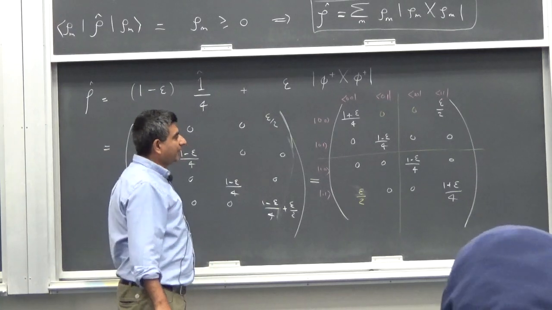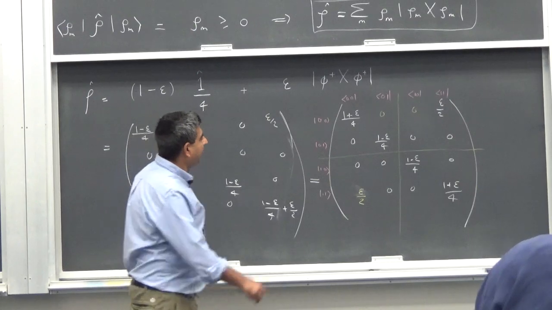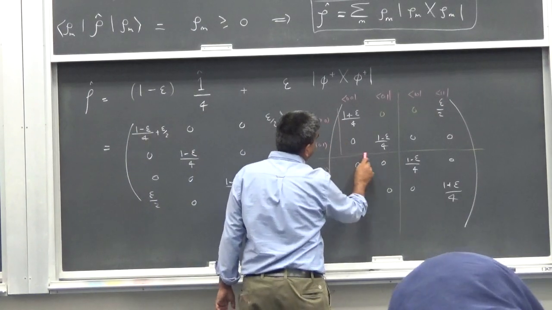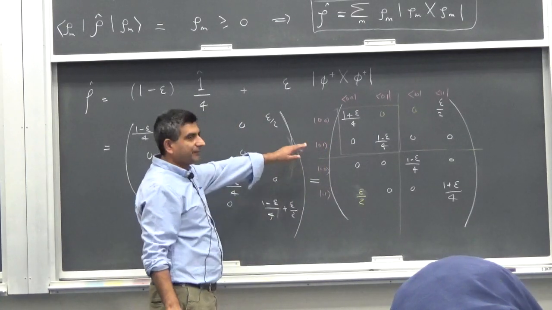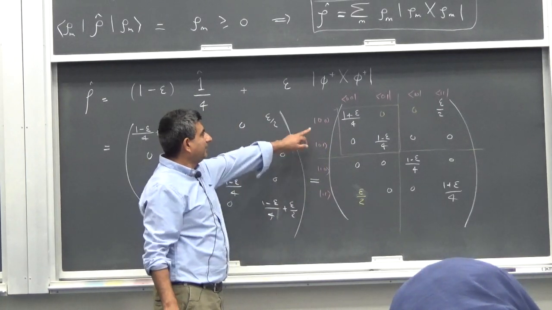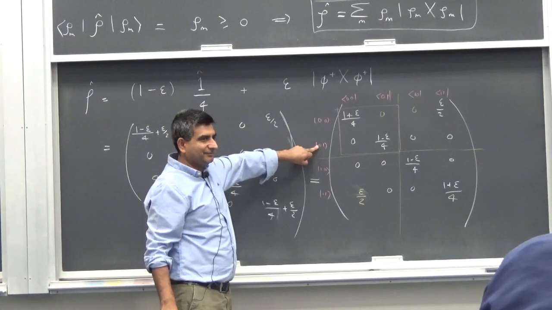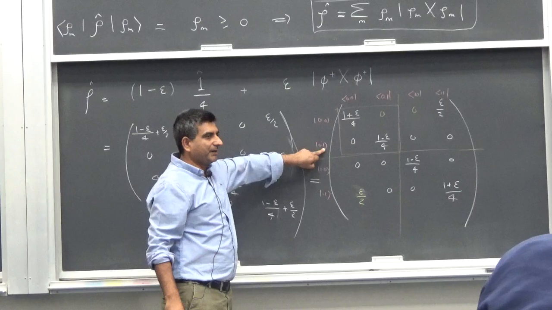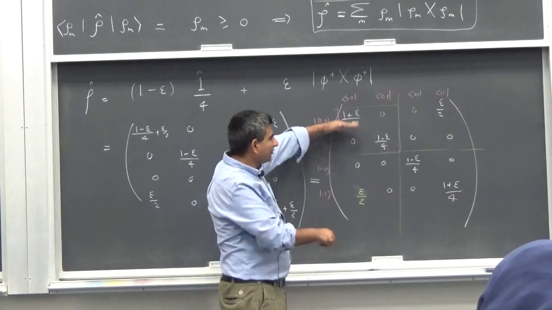Now if you notice what's going on here, in this top block the first qubit is identically kept 0, but the second qubit is changing across the two rows.